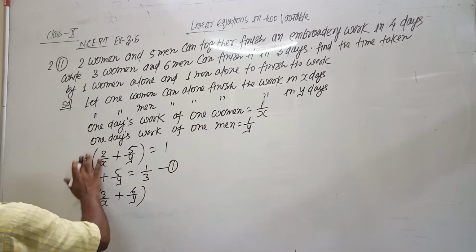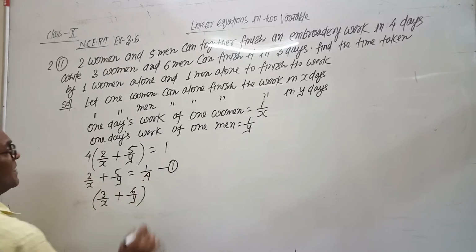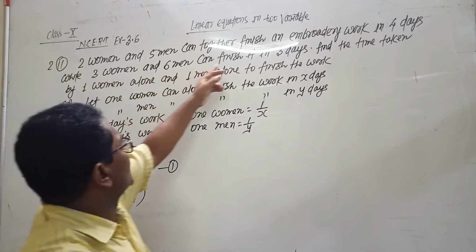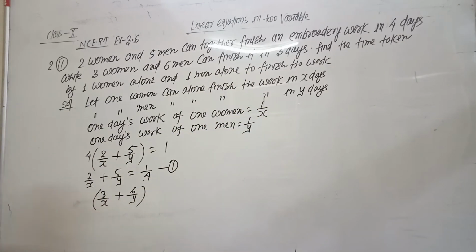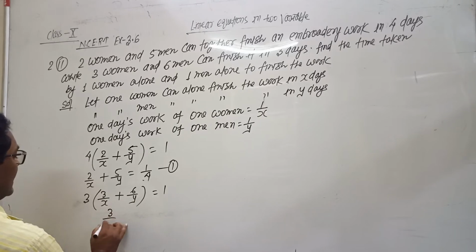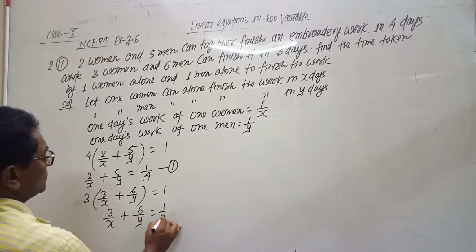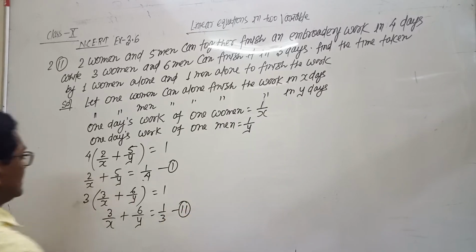So multiplied by 3 equals 1, and we get 3 by x plus 6 by y equals 1 by 3. This is the second equation.